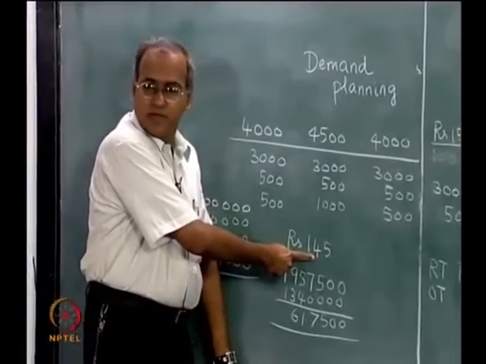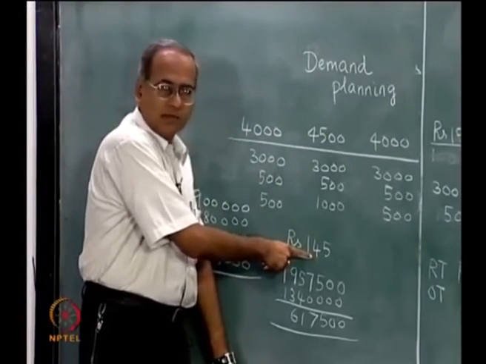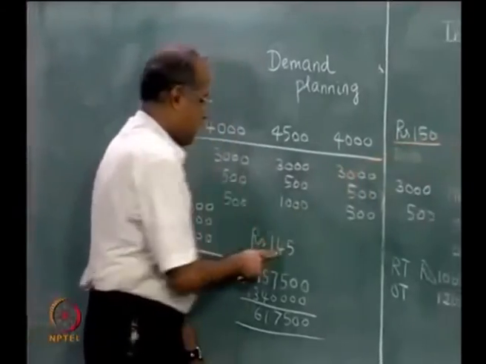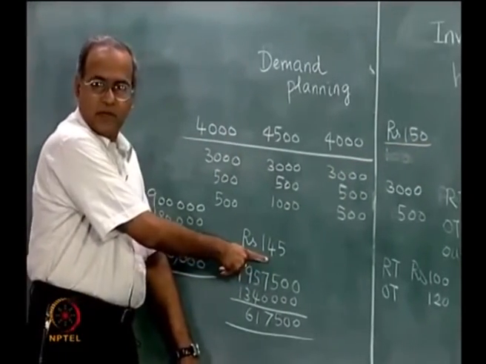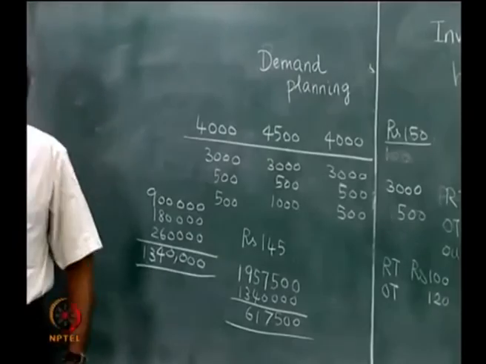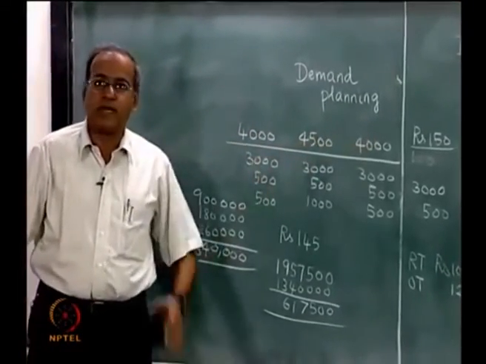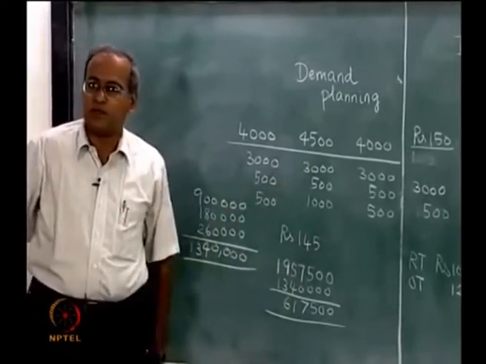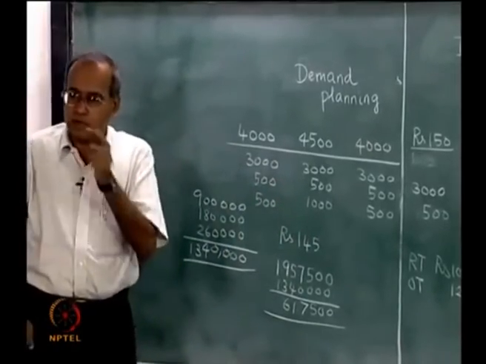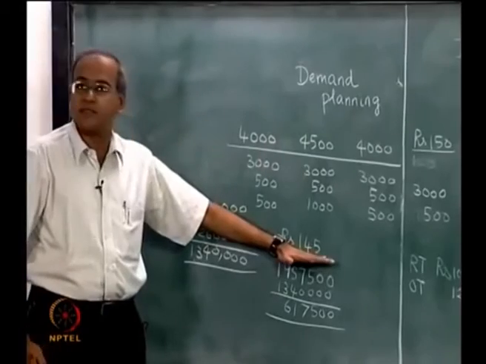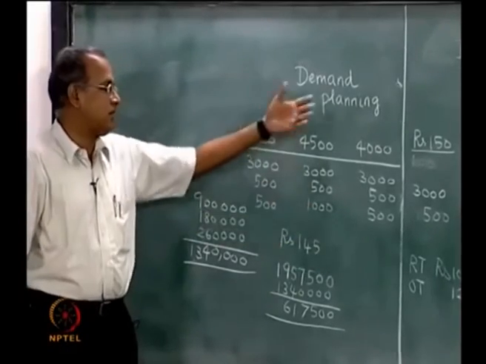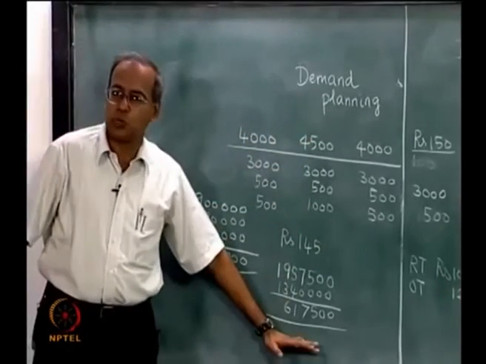So, there is some kind of a loss because the 150 has become 145, but if the organization is able to increase the demand as well as spread the demand by offering this discount, then it is profitable for the organization to do this.